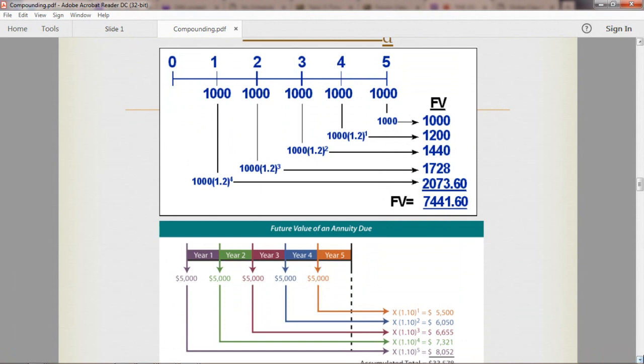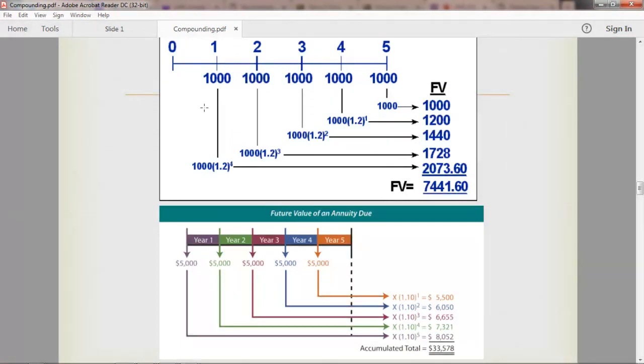First of all, what you can see here is that you have a 5-year timeline, and through this 5-year timeline, you're making $1,000 deposits at the end of each year. Okay, and the interest rate is 20%.